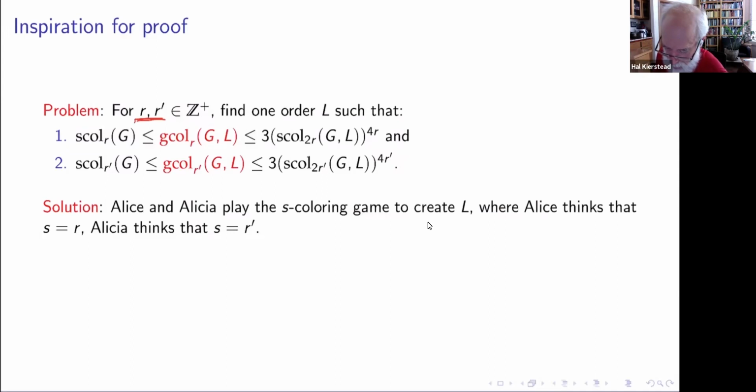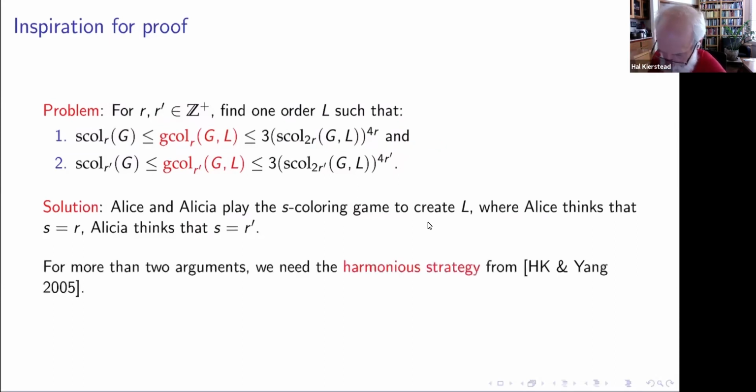Maybe I'm worried that I skipped some stuff as I went, and I should have mentioned that one of the uses of the weak coloring number, I guess I did say this, is that it bounds the game coloring number.